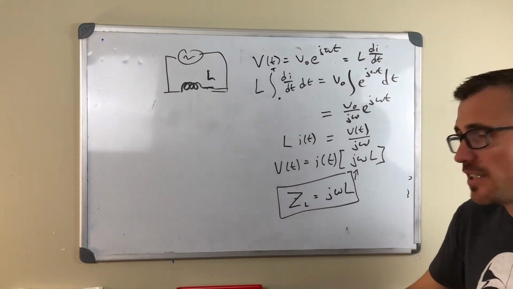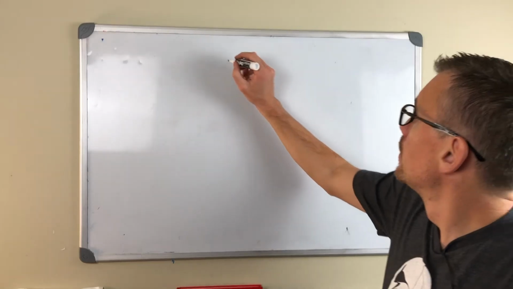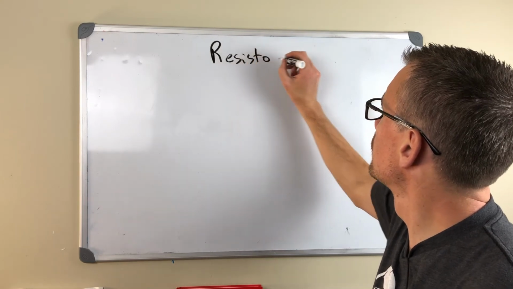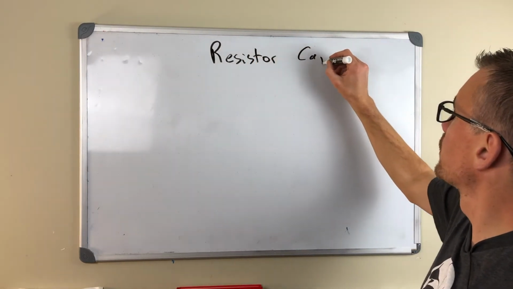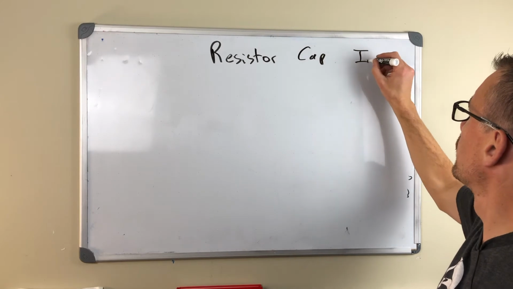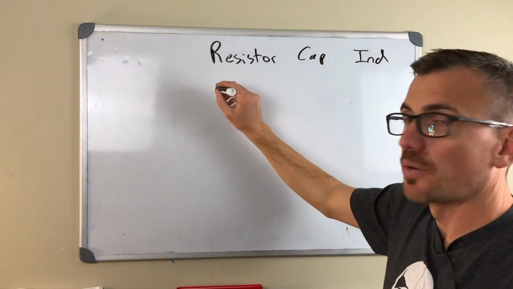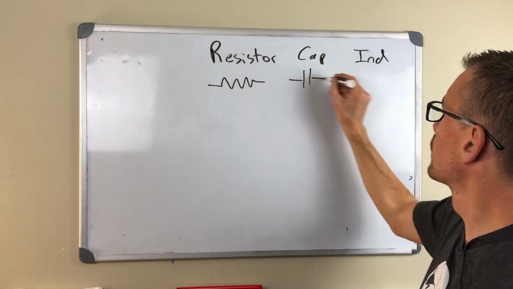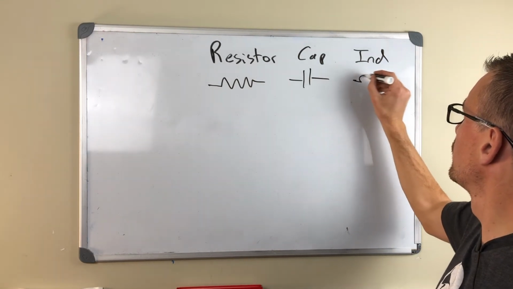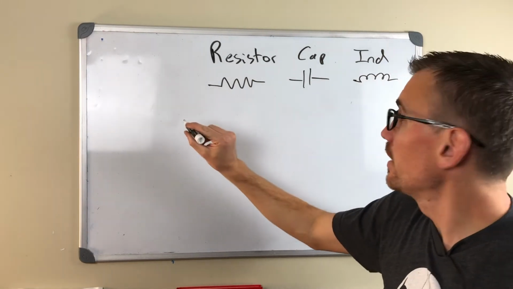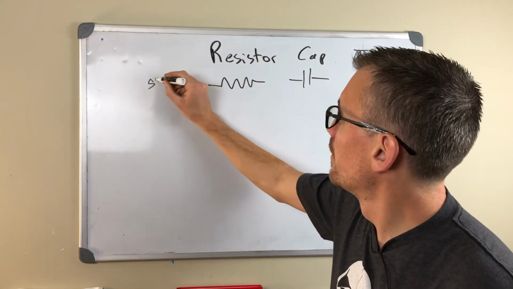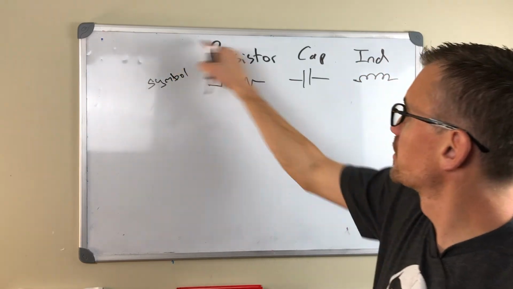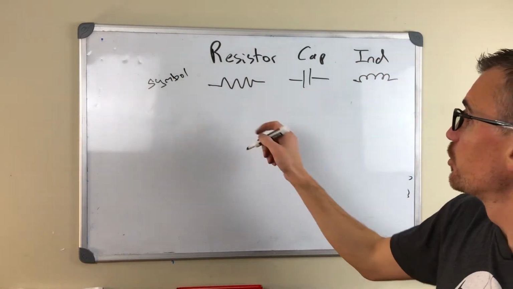So let's just summarize what we've learned so far. So we had a resistor, capacitor, and an inductor. Each had a symbol, like that.